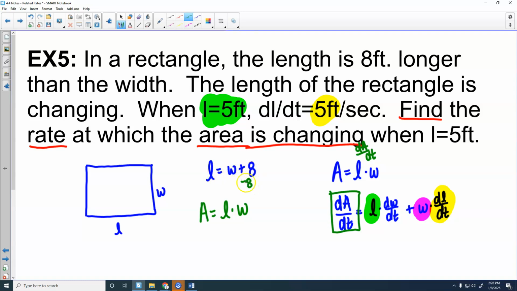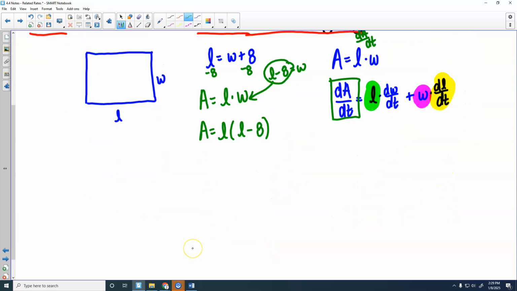If I just subtract that 8 from both sides, then L minus 8 equals W, and I could replace that right here. So A would equal L times (L minus 8). And this you want to write down, because this is the direction we're going to go. I'm going to distribute that L to get L squared minus 8L.